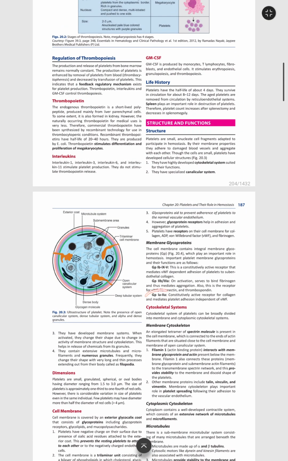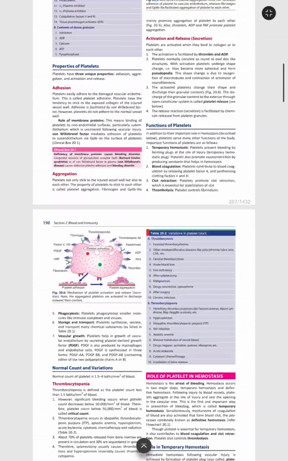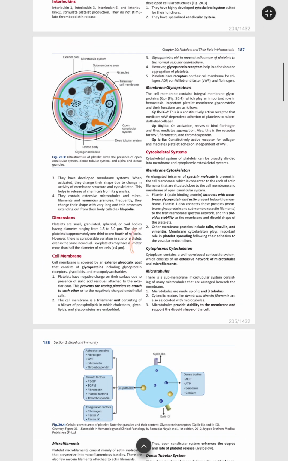Okay, glycoprotein 1B9 requires von Willebrand factor, and GP 2B and 3A. These help in aggregation. Whereas GP1A, 2A.